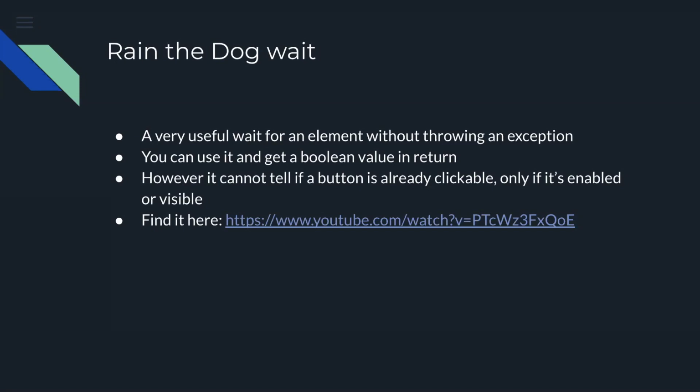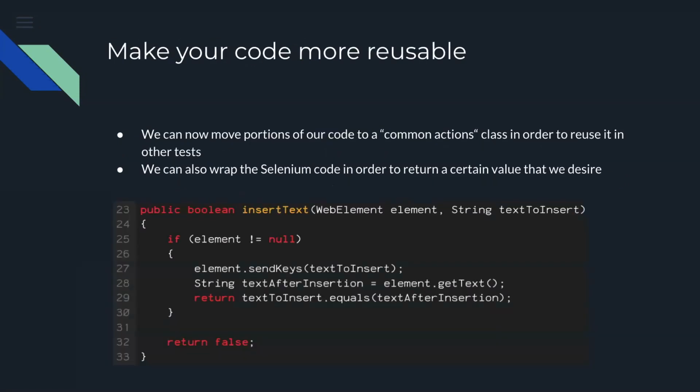Now, before we continue with writing our test, I want to take a pause and present a concept that can make our code more reusable. In this slide, you can see an example of an insert text method, which takes the basic functionality of the send keys of Selenium, and then wraps it up with an ability to return the value of the text after insertion. What do I mean by that?